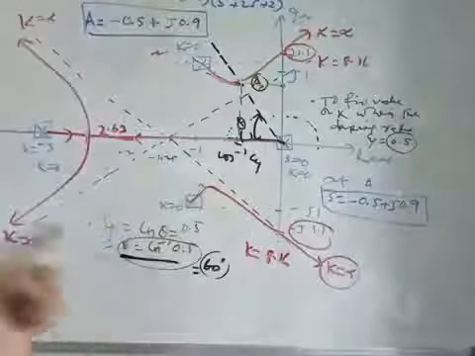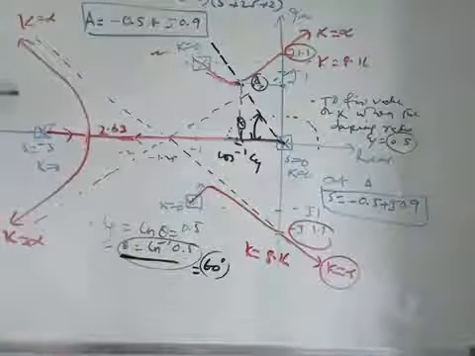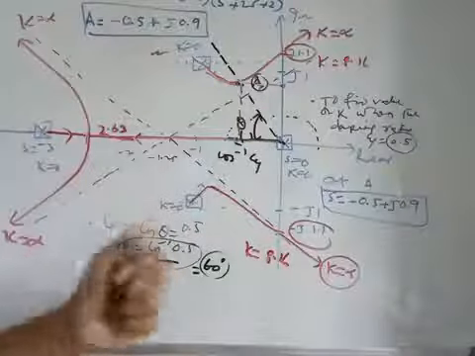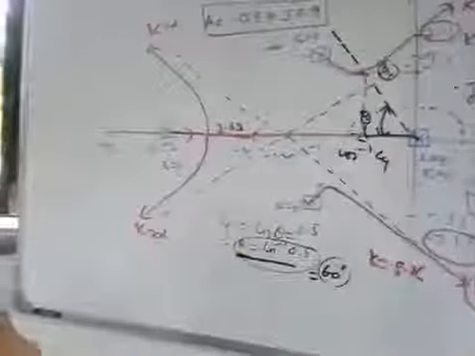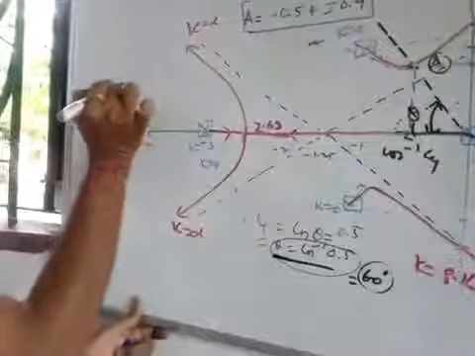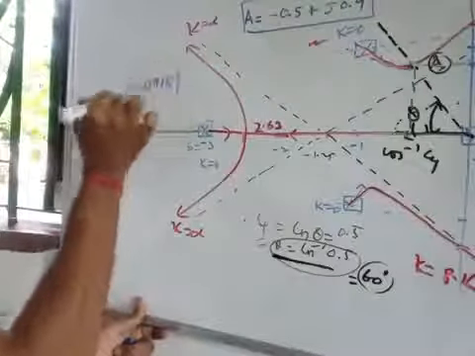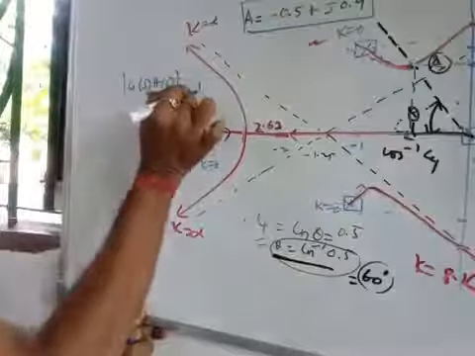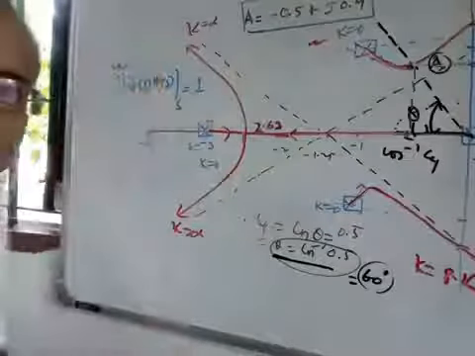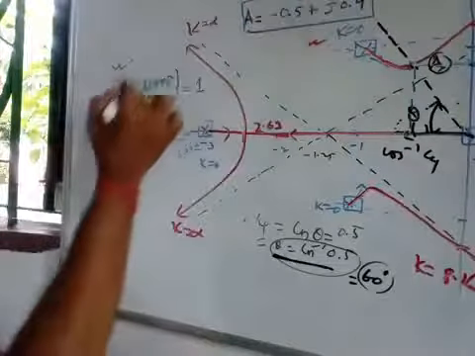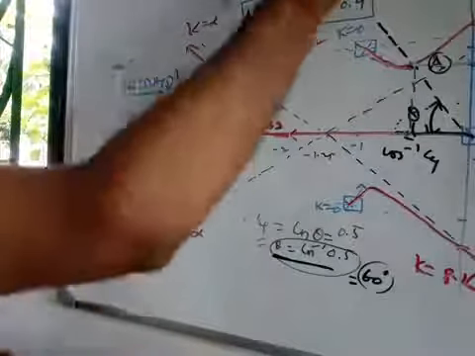Now you know how to find out the value of k at any value of S, right? G(S)H(S) at any value of S is equal to 1, that is the magnitude criterion.